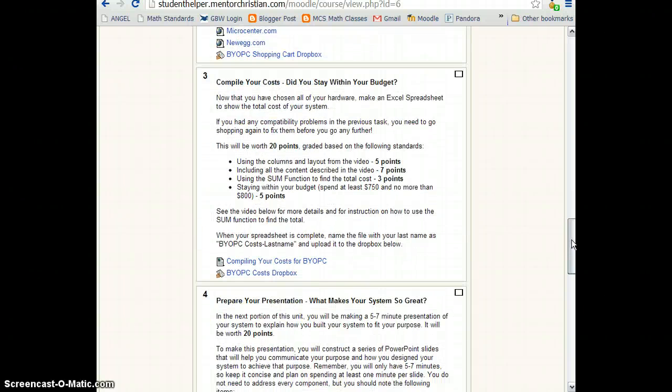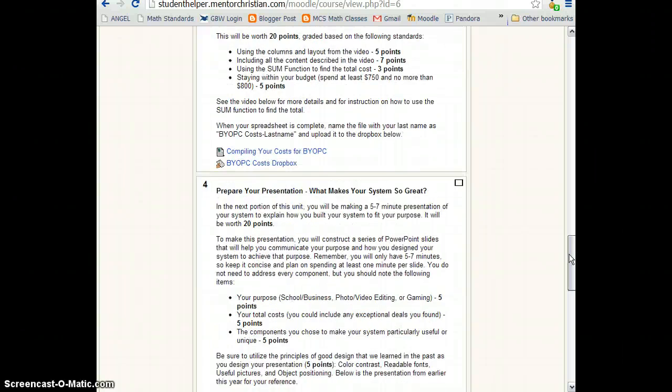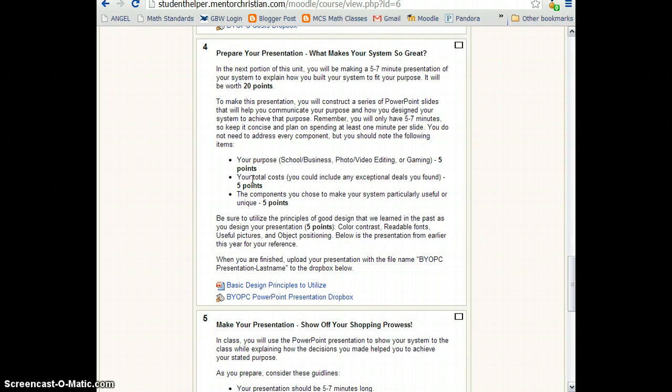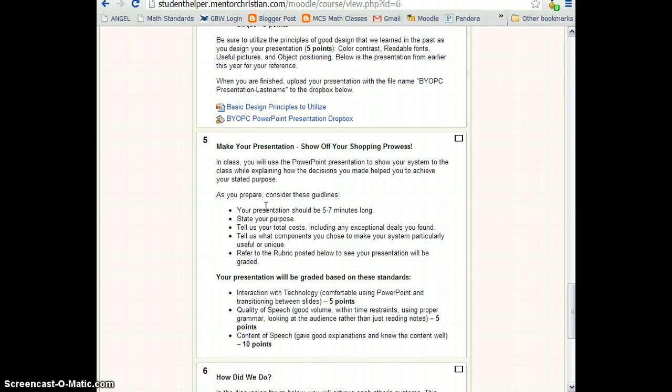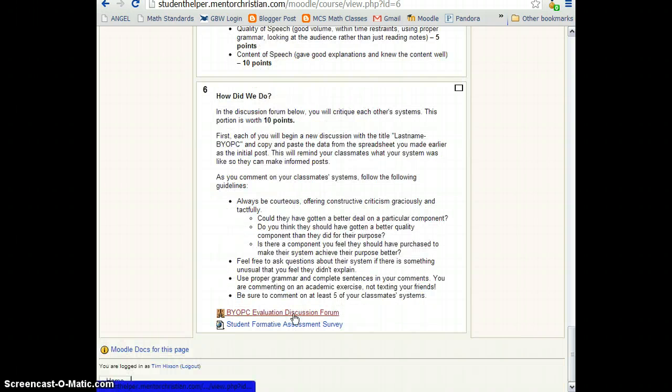And then they had to compile their costs, again with a spreadsheet, prepare a presentation using some design principles that we had gone over earlier in the year, and then give the presentation in class. And then here's where they had a discussion forum to present their ideas about each other's computers.